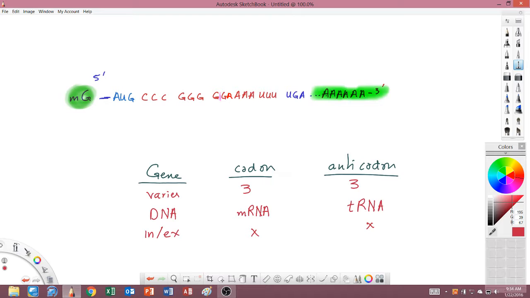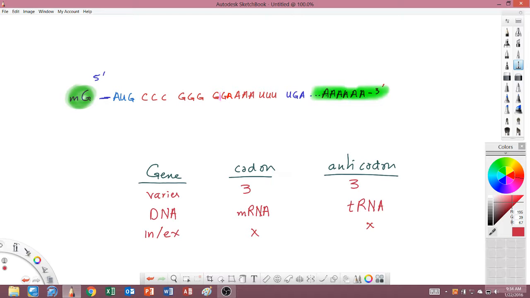One more thing, anticodon is complementary to codon. The first nucleotide must be complementary, usually the first two.